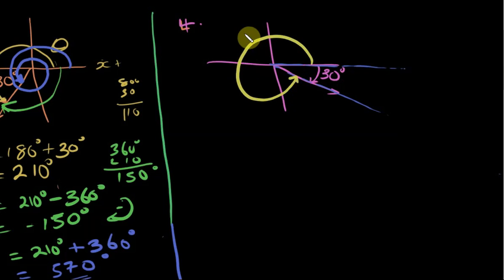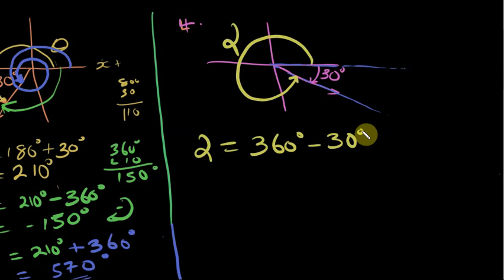Let's call it alpha. So alpha is equal to 360 degrees minus 30 degrees. This will give us alpha.